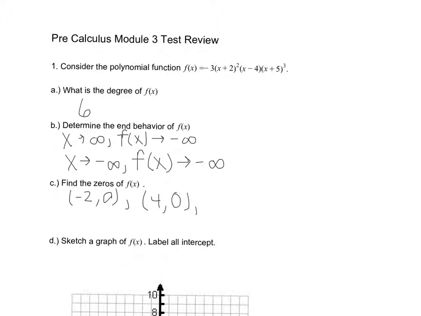And with x plus 5 as a factor, I know I have a zero at negative 5, 0. And those are all my zeros. Now, negative 2, 0 has multiplicity 2, and negative 5, 0 has multiplicity 3. That's how I get 6 as the total number.